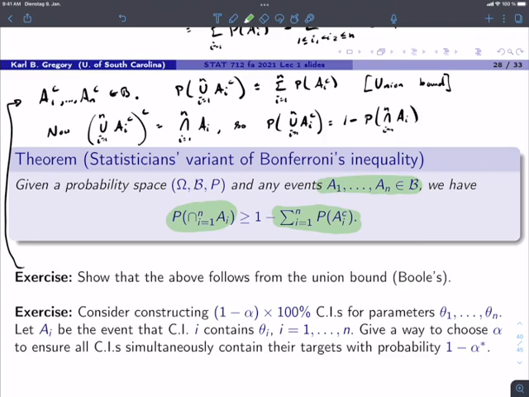Okay. This probability is 1 minus the probability of its complement. That's where I'm getting this.